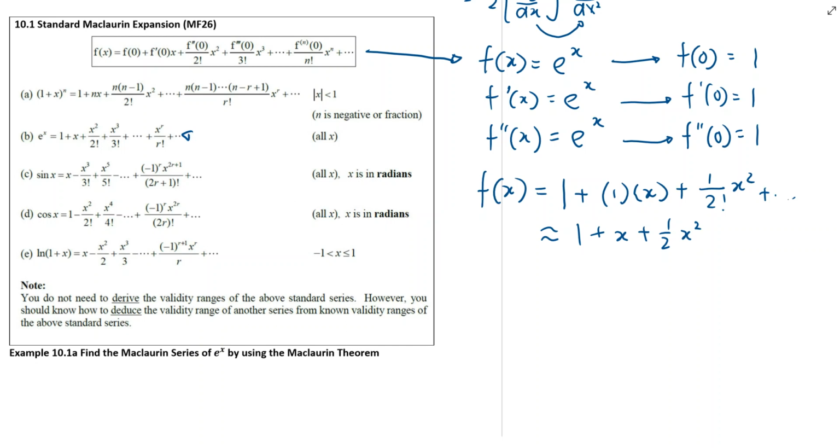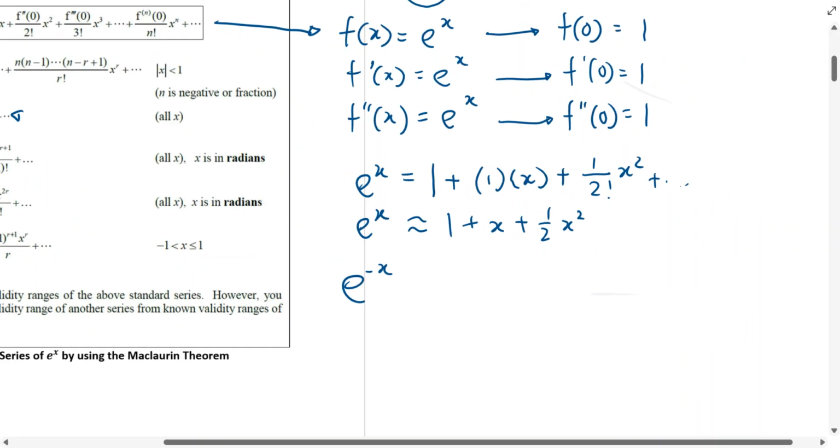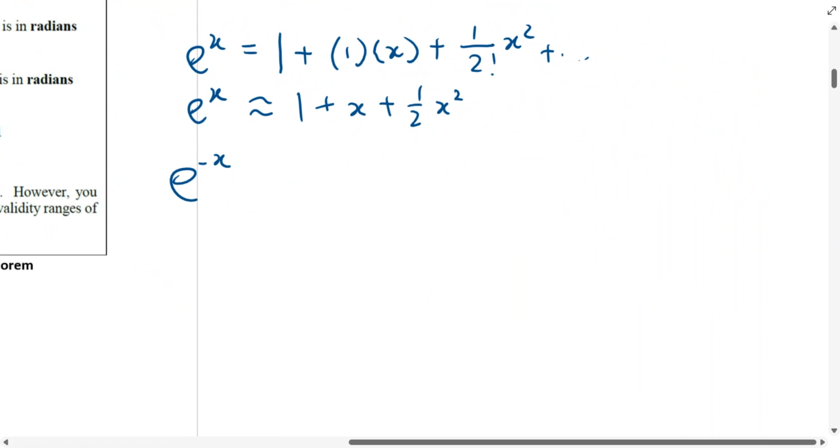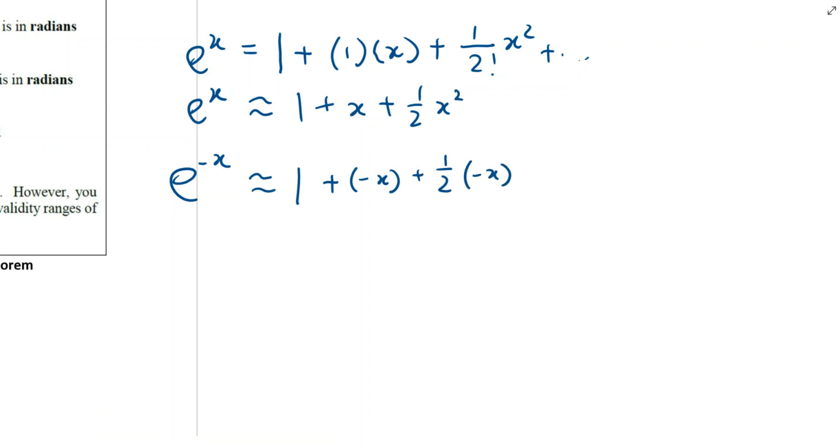Okay, so for f(x), sorry, in this case I should have written it as e power x equals to. If you need e power negative x, don't need to do the whole process again. All you need to do is to just substitute in. You can use the standard series inside. 1 plus negative x plus 1 over 2 negative x square.